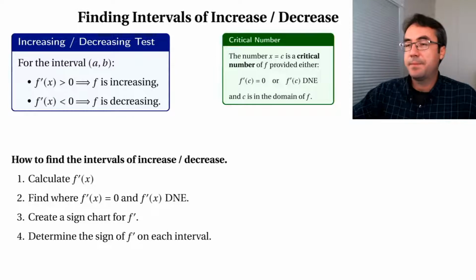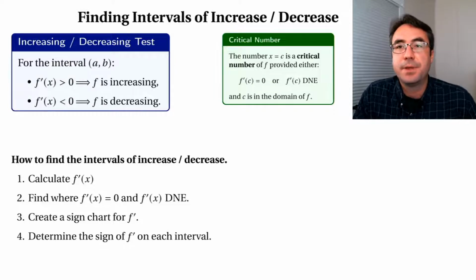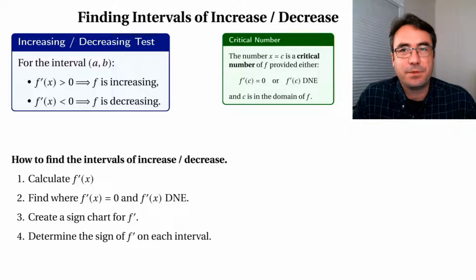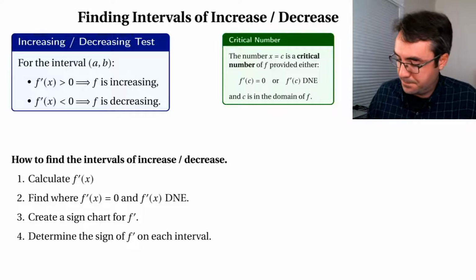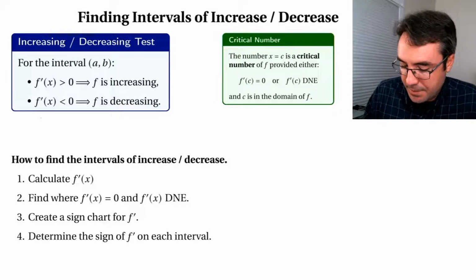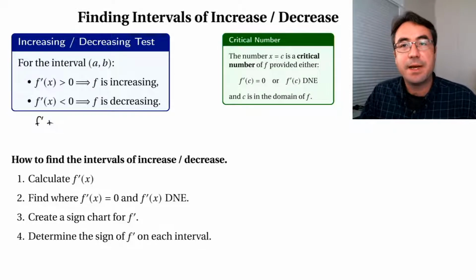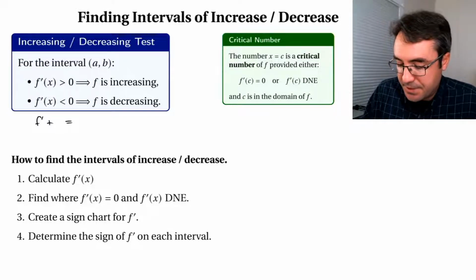We'll start by reviewing here. For an interval from a to b, an open interval, and we're primarily going to be talking about open intervals here, if f prime is positive, then f is increasing. So if f prime is greater than 0, what that means is our original function is increasing.